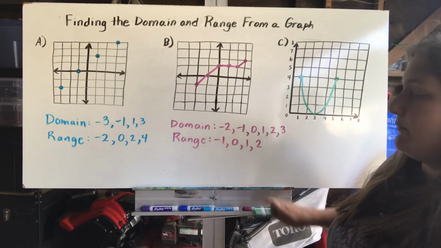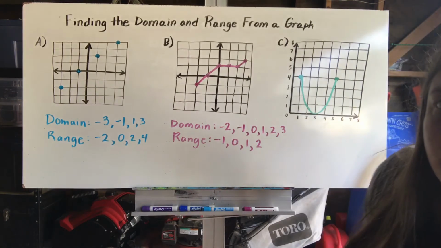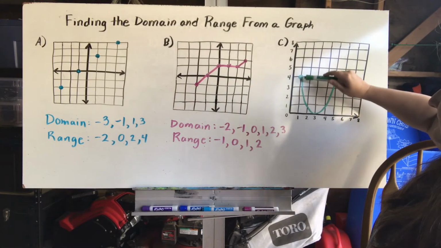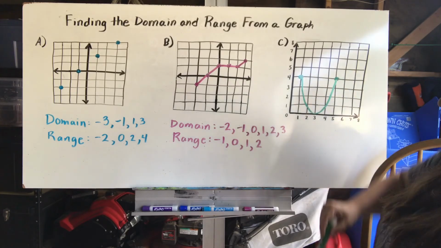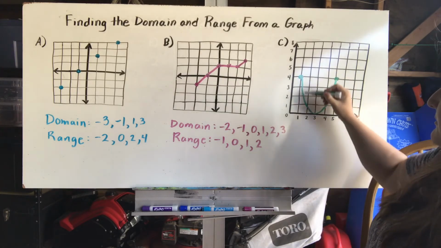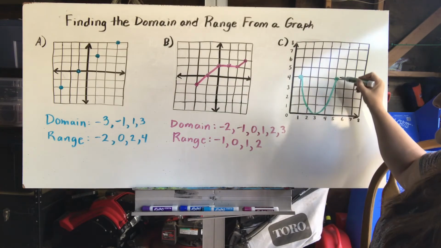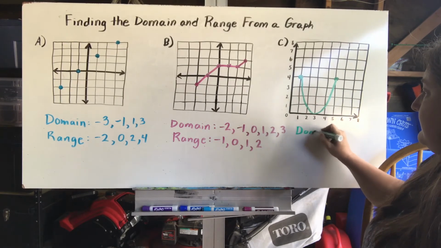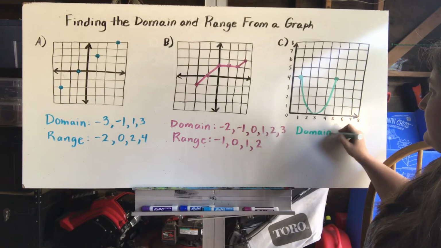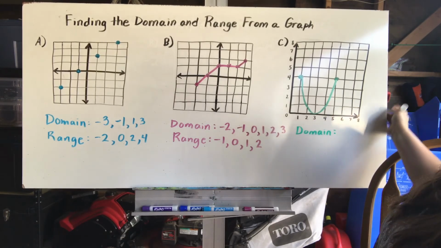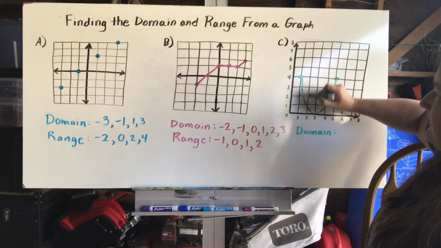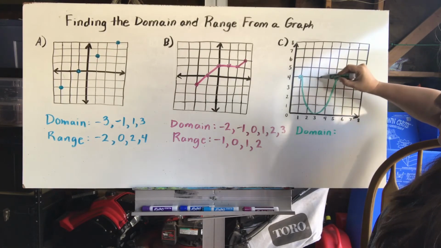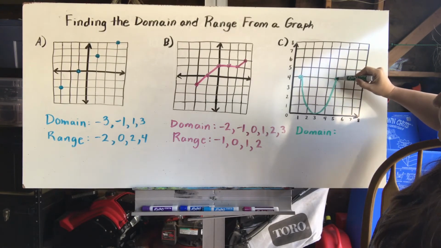All right, let's look at one more example. This is a trickier one because this line is kind of curving and it's hard to exactly pinpoint what all these points are. But I do notice that when I get down here to 0, it's curving back up. So one thing that I could say in a case like this, since I've got this curving line, is that I know my domain starts at 1, and 1 is part of the domain, and it goes across the graph over to 5.